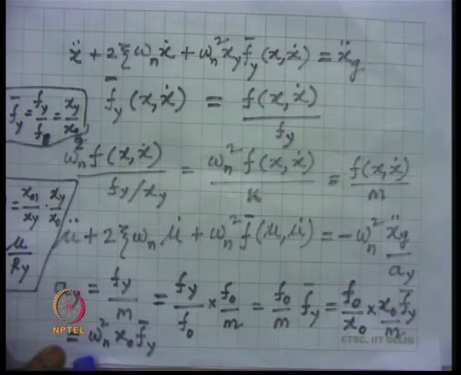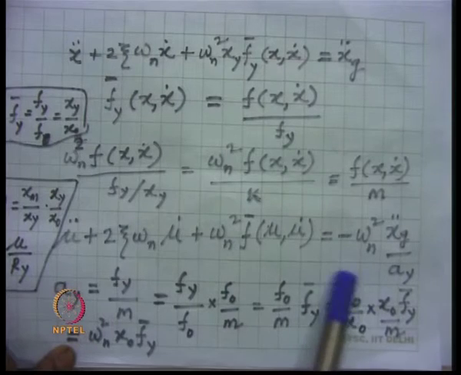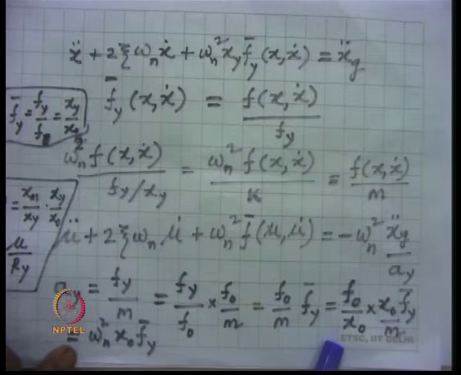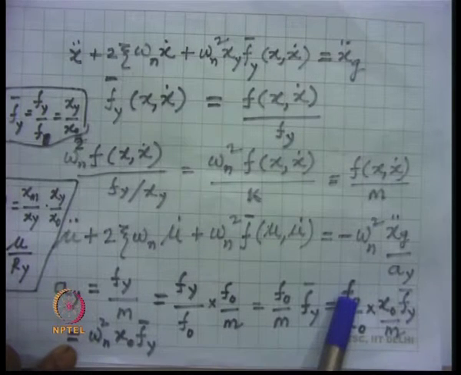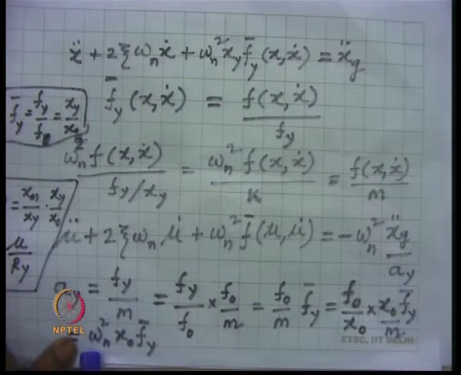Then it turns out that f 0 by x 0 is the stiffness of the elastic system. So, this becomes k and this is m. So, k by m becomes omega n square.